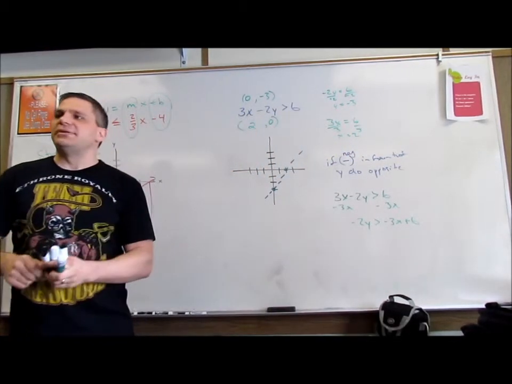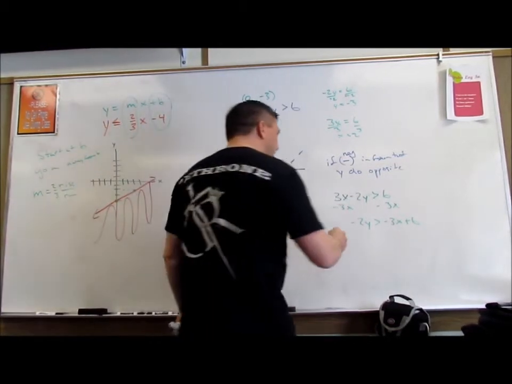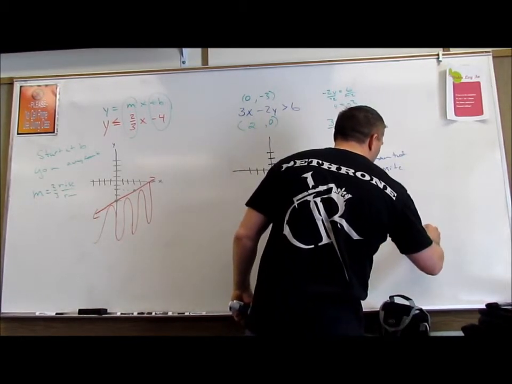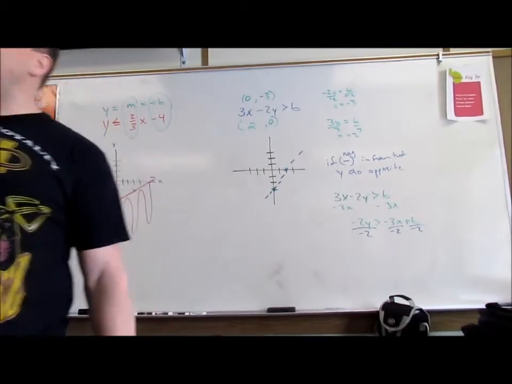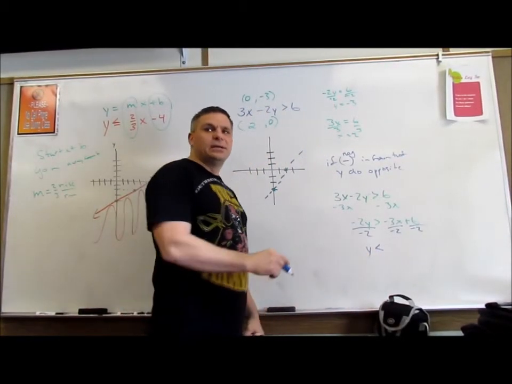So now what do I have to do? Divide by negative 2, divide by negative 2, divide by negative 2. And what does that do? When you divide an inequality by a negative, what happens? You have to flip the sign. Okay?